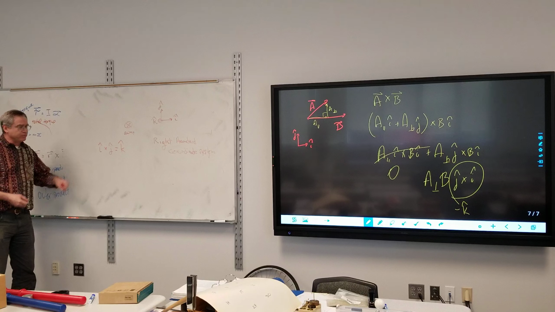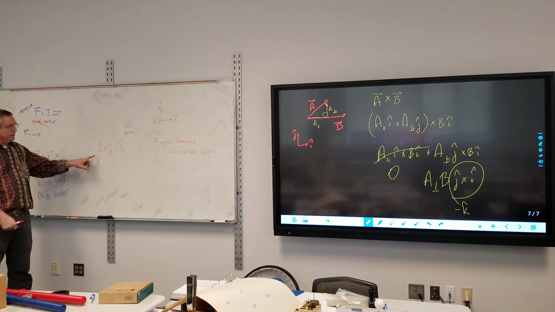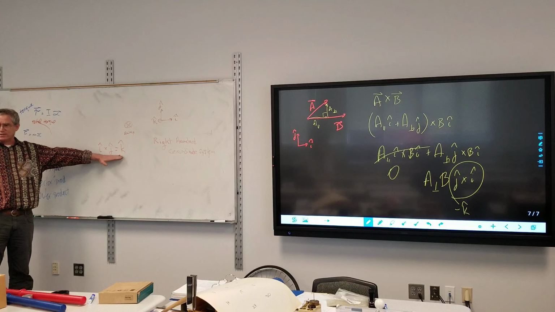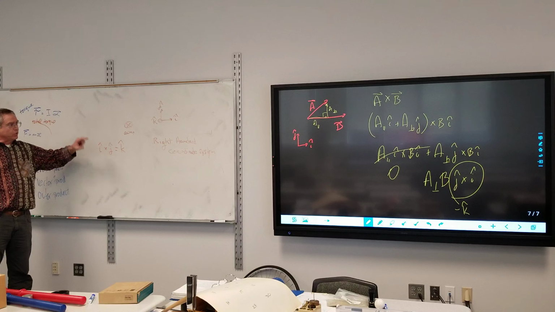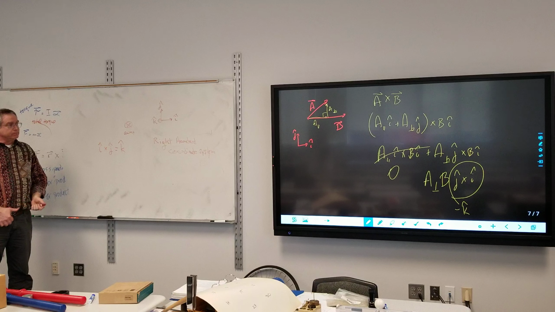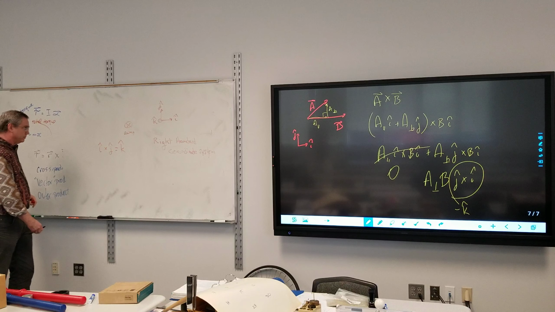If I put my hand in the direction of the first one, curl towards the second one, thumb points in the direction of the third one if you're using your right hand. A right-handed coordinate system has this set. And so, unless spoken otherwise or unless it's defined strangely, we always assume a right-handed coordinate system.